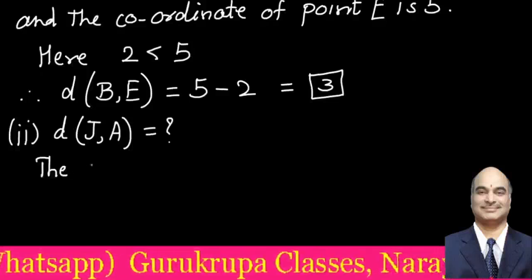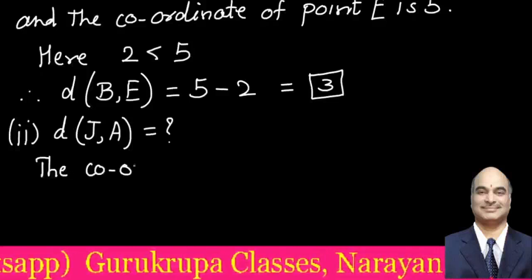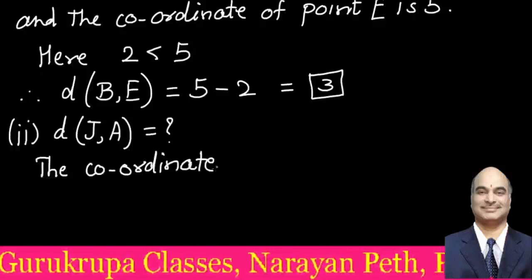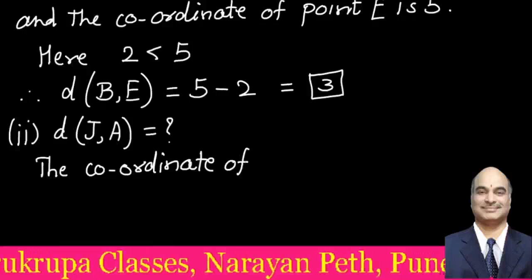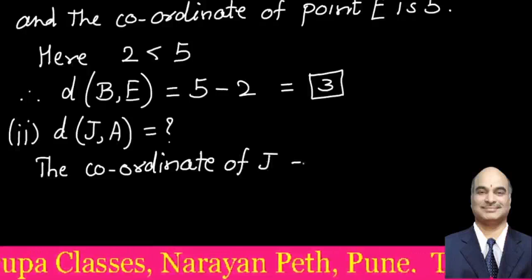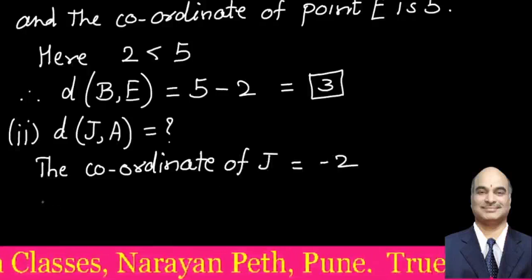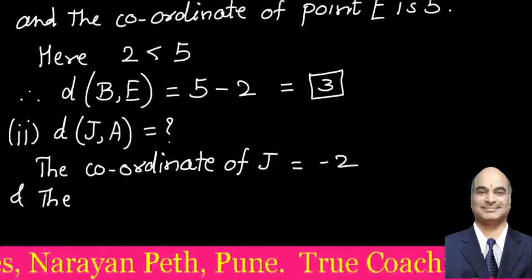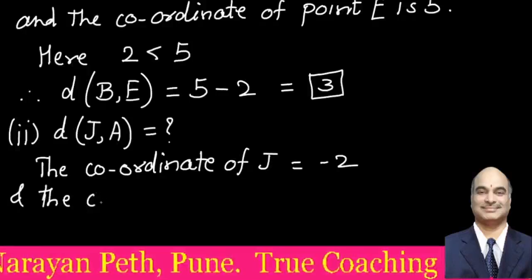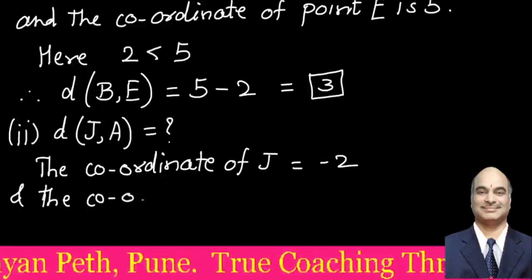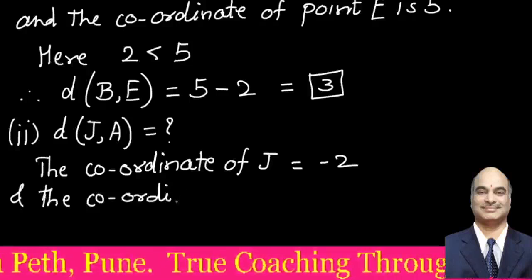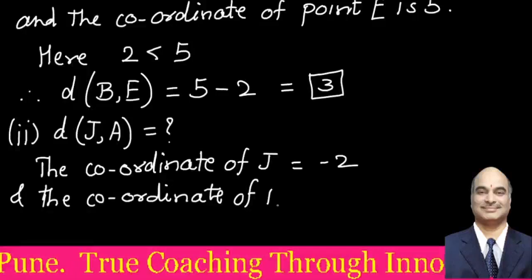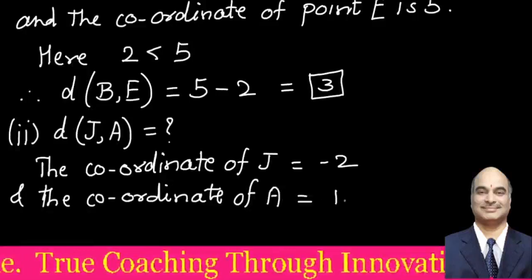So the coordinate of point J is equal to -2, and the coordinate of point A is equal to 1.